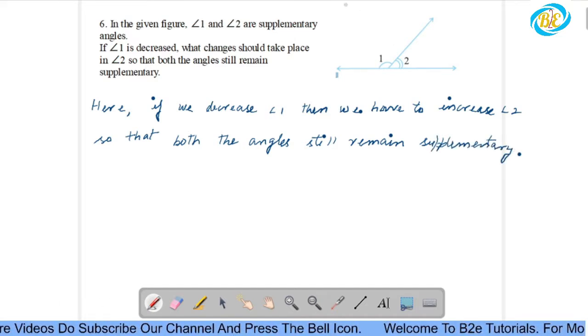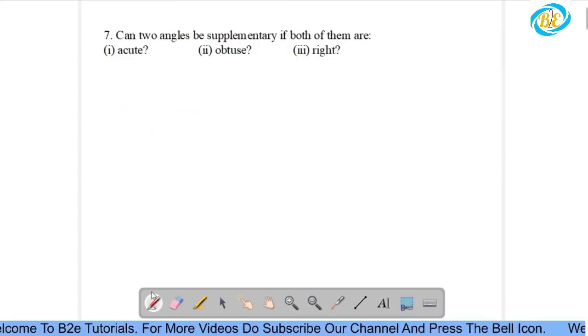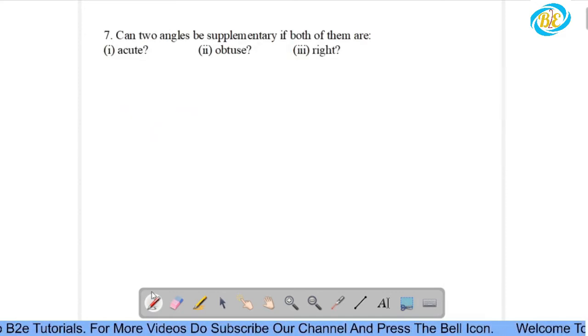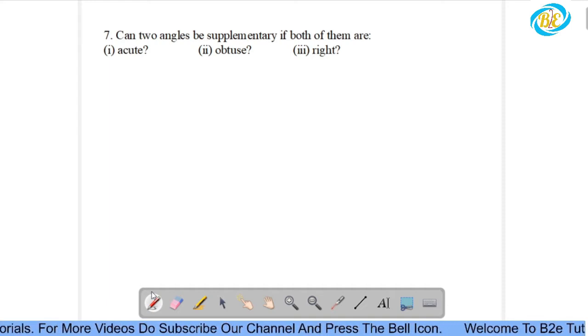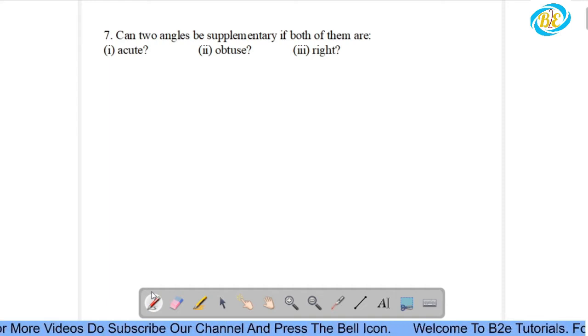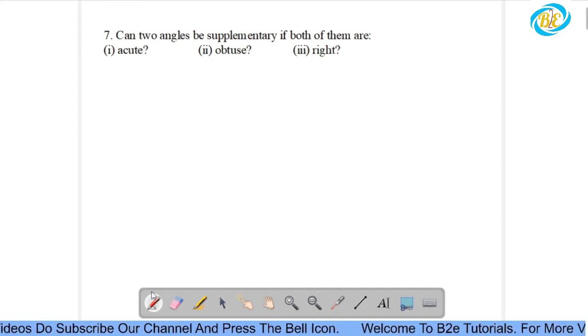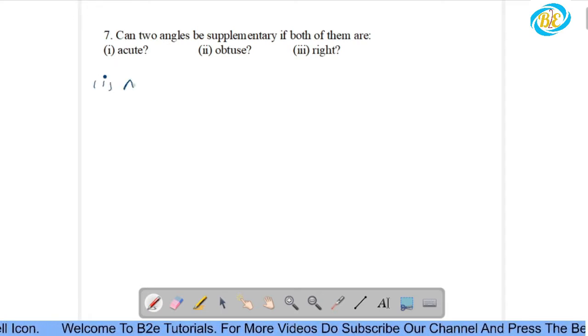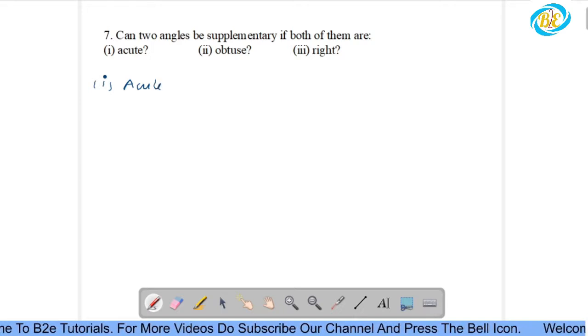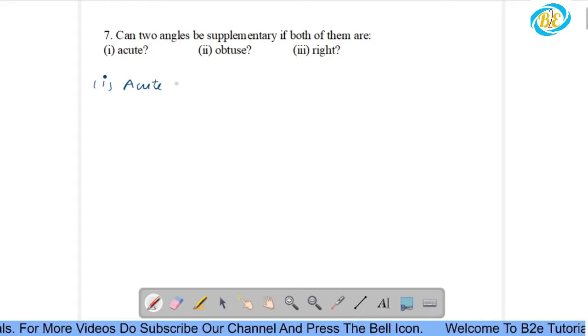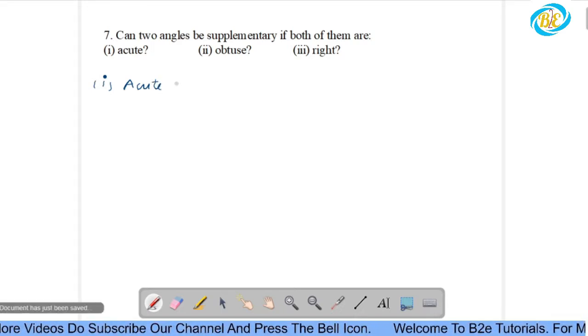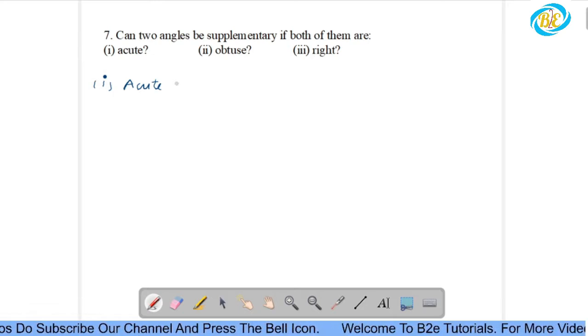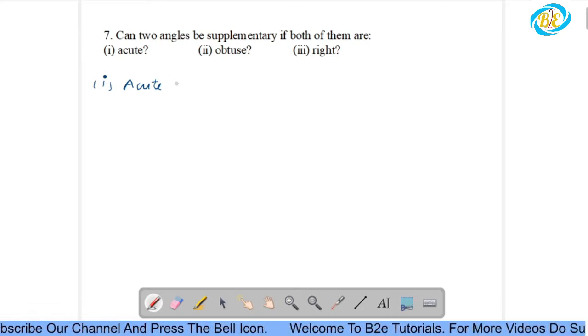Now come to next. Now come to question number 7. Can two angles be supplementary if both of them are, first part, acute? We know that two angles are said to be supplementary if their sum is 180 degree.